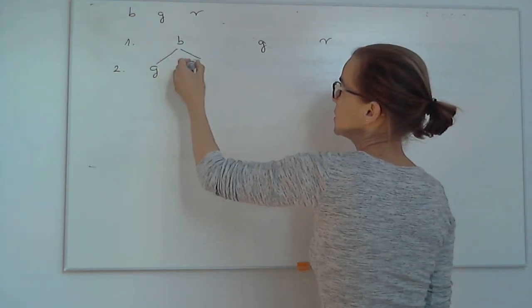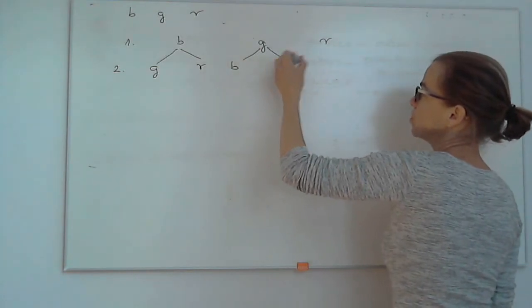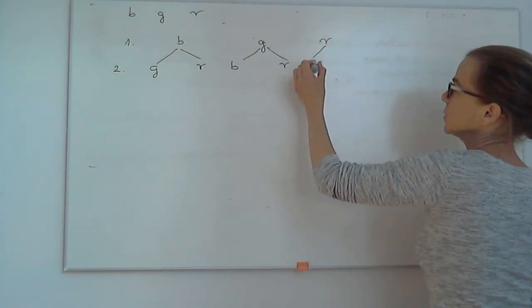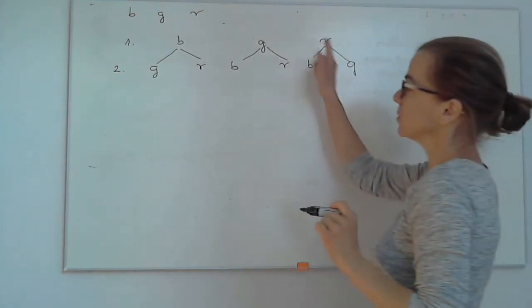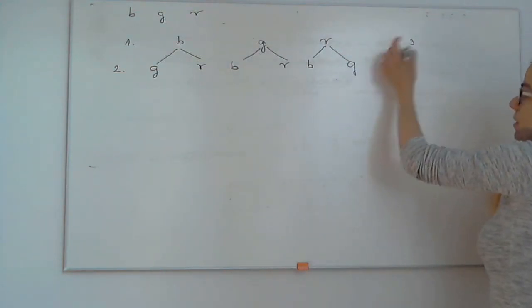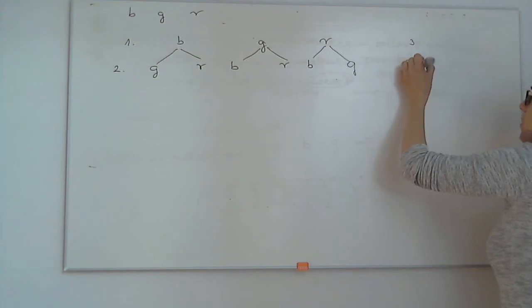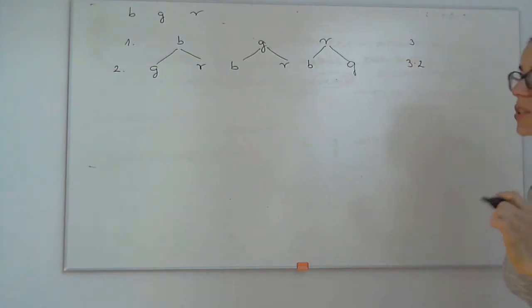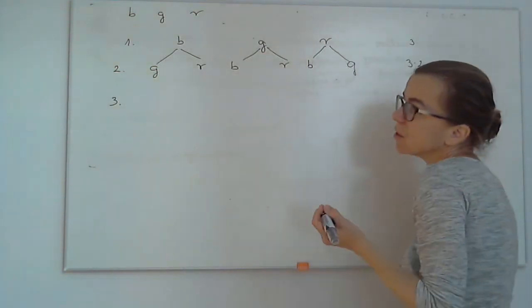You choose either green or red. Similarly, here you can choose blue or red, and here you can choose blue or green. So now notice that you had 3 possibilities here, and here out of the 3, 2 branches start. That's why you are going to have 3 times 2, multiplication.